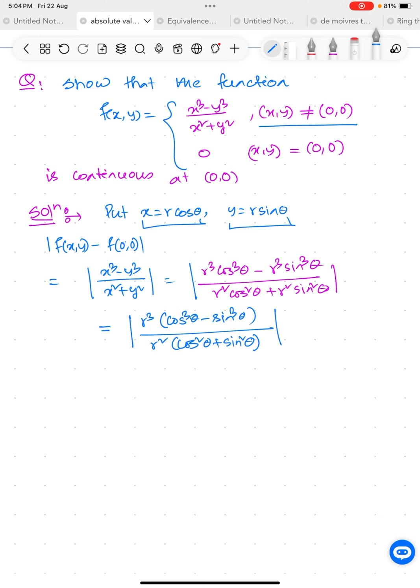Now cancelling r square from numerator and denominator, in the numerator only r will be left, and cos cube theta minus sin cube theta will also be left, and in the denominator the value of cos square plus sin square theta will be equal to 1. So we are left with this term only, that is r into cos cube theta minus sin cube theta.